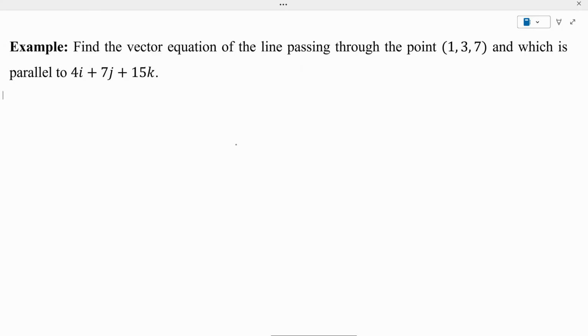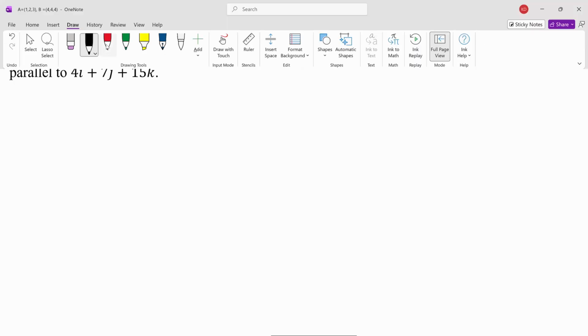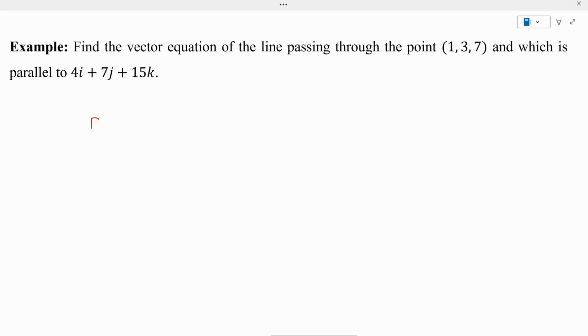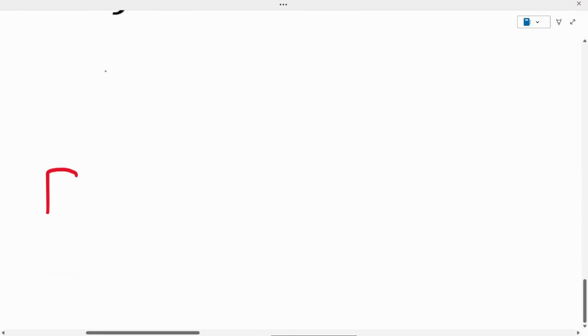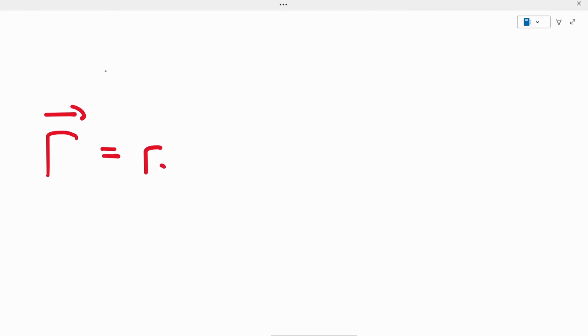And just a reminder, we were saying, generally speaking, the vector equation is of the form r is equal to r0 plus u. This is the generalized form of the vector equation.